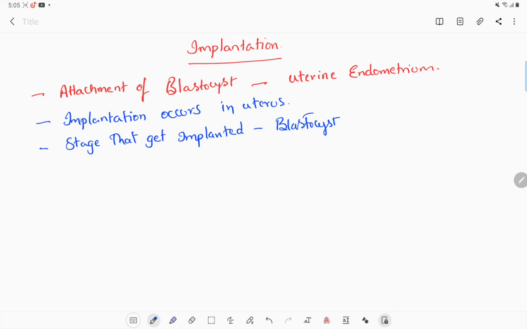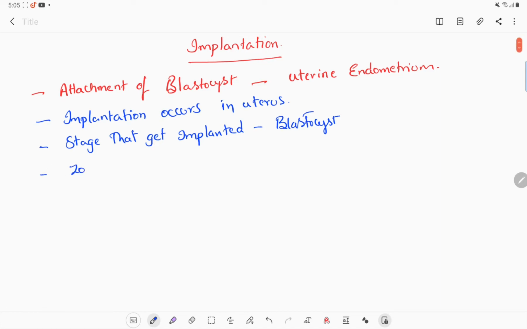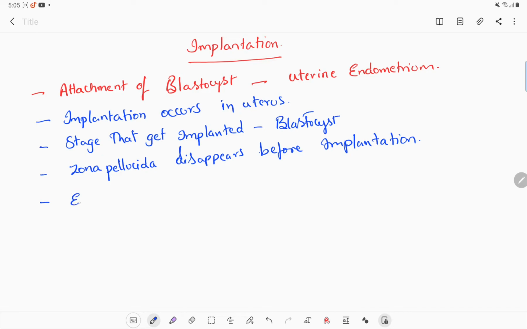Okay. Then you have to remember a very important point: the zona pellucida disappears before implantation. So what is the enzyme that dissolves the zona pellucida?